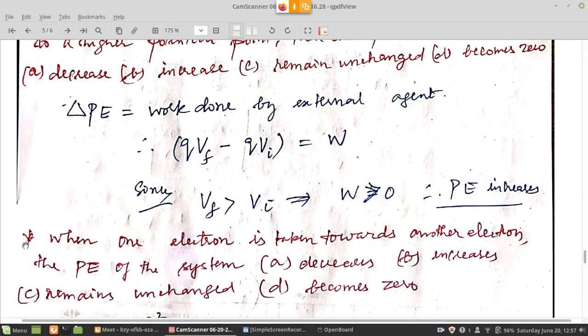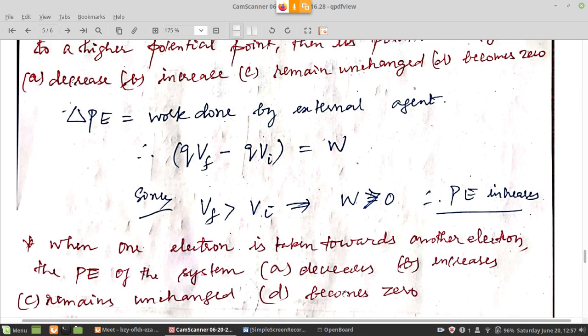Next question. When one electron is taken towards another electron, the potential energy of the system decreases, increases, remains unchanged, or becomes zero. This is somewhat tricky because two electrons are brought closer. What is the potential energy of the two particle system? We have calculated that.